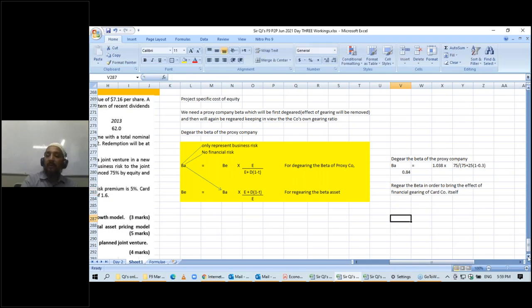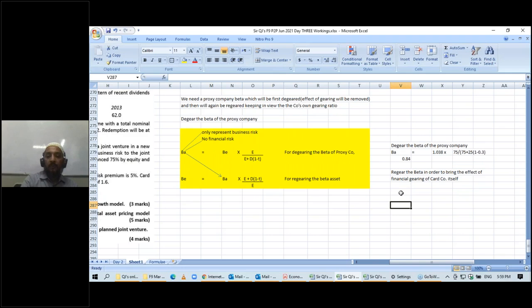Now, how will you calculate the gearing effect? Now we are going to calculate BE, where B is the geared beta. For this, I need beta asset or beta ungeared, which is 0.84, and then I want the value of equity and debt of the card company.